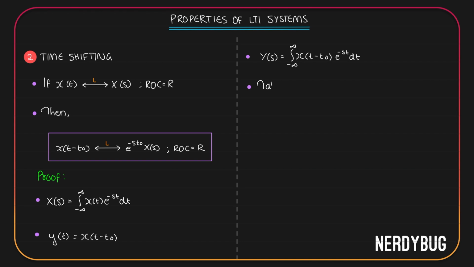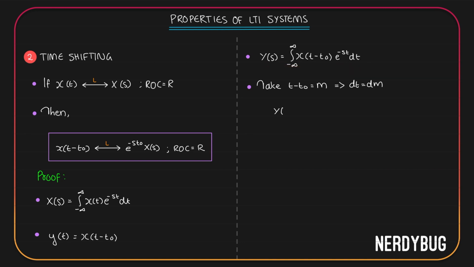Now let's take t minus t naught equal to m. If we differentiate on both sides of this equation, we get dt minus dt naught is equal to dm. But t naught is a constant, so dt naught is 0. We get dt is equal to dm. Let's use that in this equation for y of s.